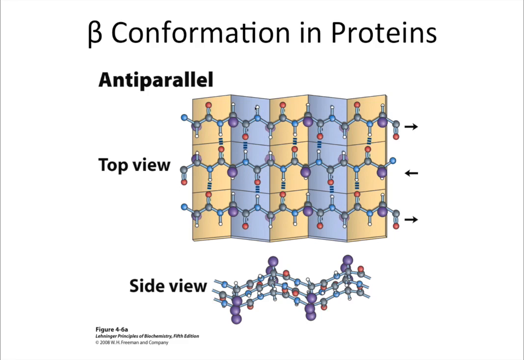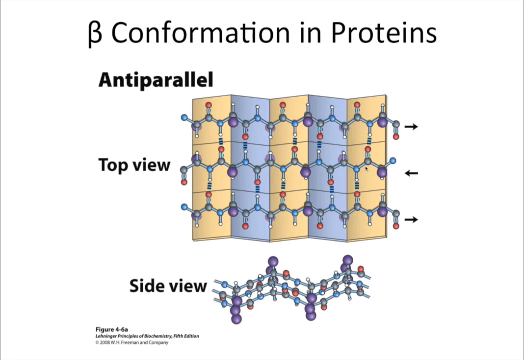And essentially what it means is, if you look at these polypeptide chains, the first one that's shown here, you can see on the left it has an N terminus, and on the right it has a C terminus. So from N to C, you can see this arrow indicates N to C in that direction.